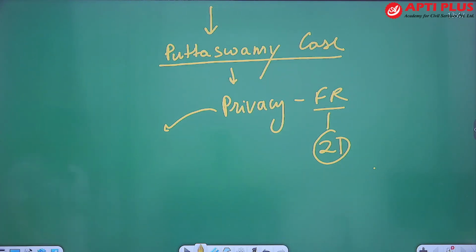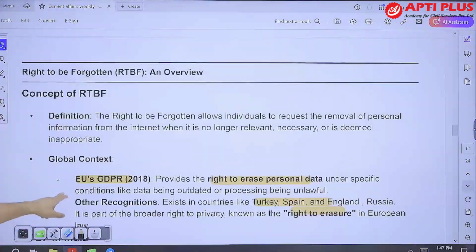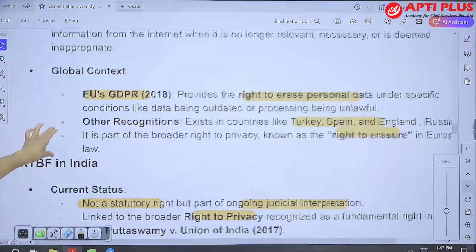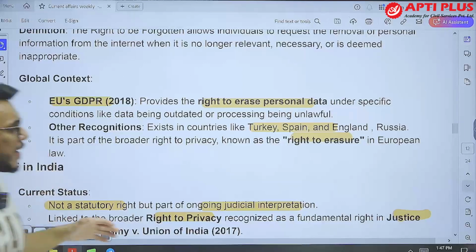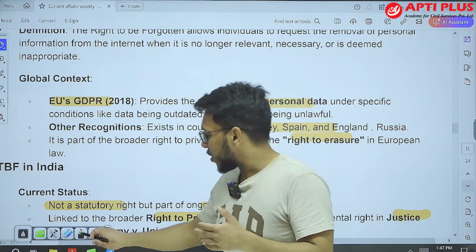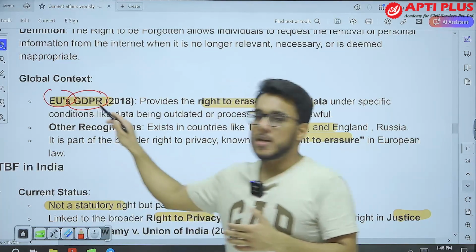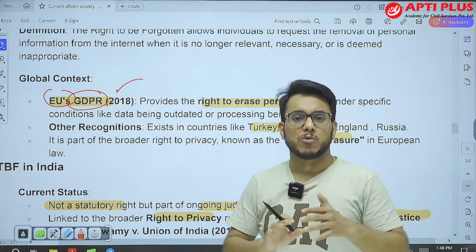So when we talk about the right to be forgotten and right to erasure, first of all, in the global context, there is the GDPR, the European Union's General Data Protection Regulation, which they brought in 2018.